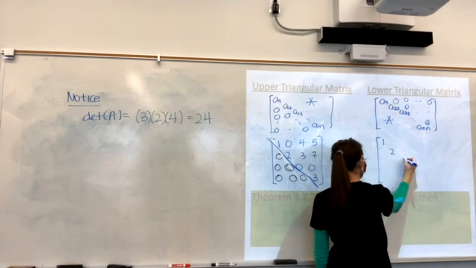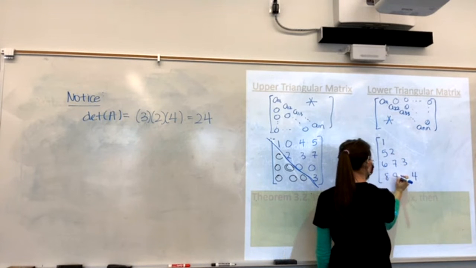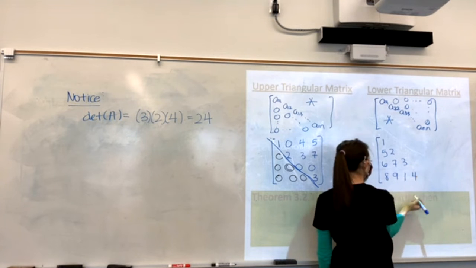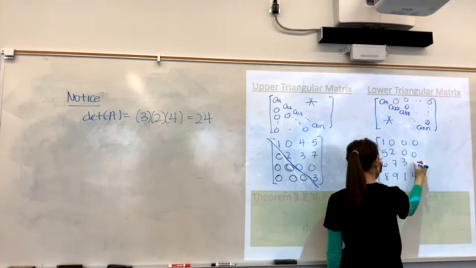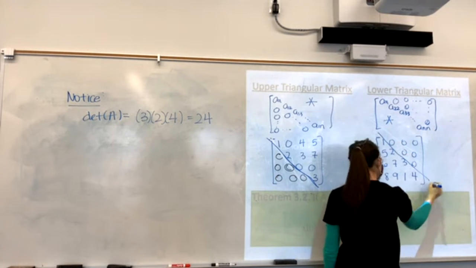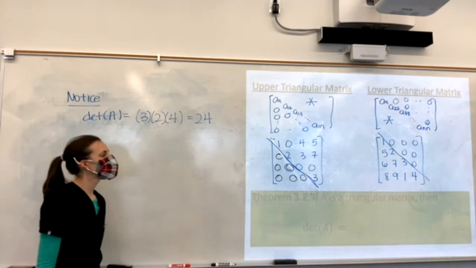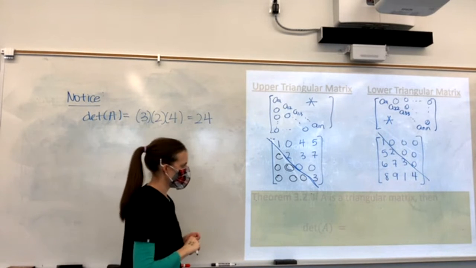So everything above the main diagonal has to be 0. So an upper triangular matrix and a lower triangular matrix.